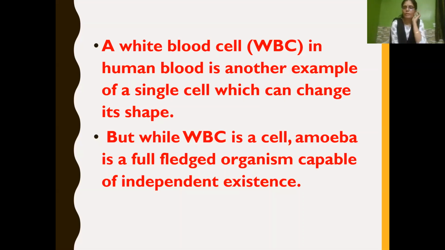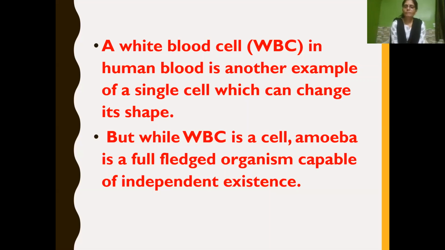But children, WBC is a single cell, whereas amoeba is a single-celled organism, made up of only a single cell by which it can exist. It has an independent existence. But WBC, the white blood cell in the human being, can also change its shape.